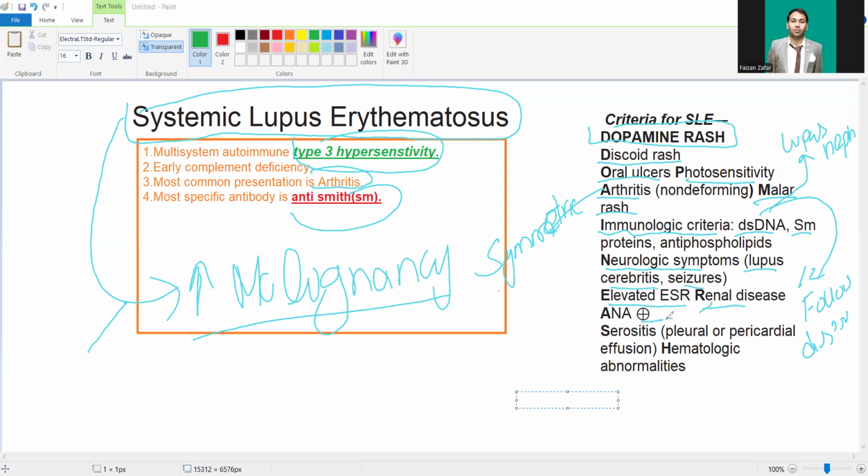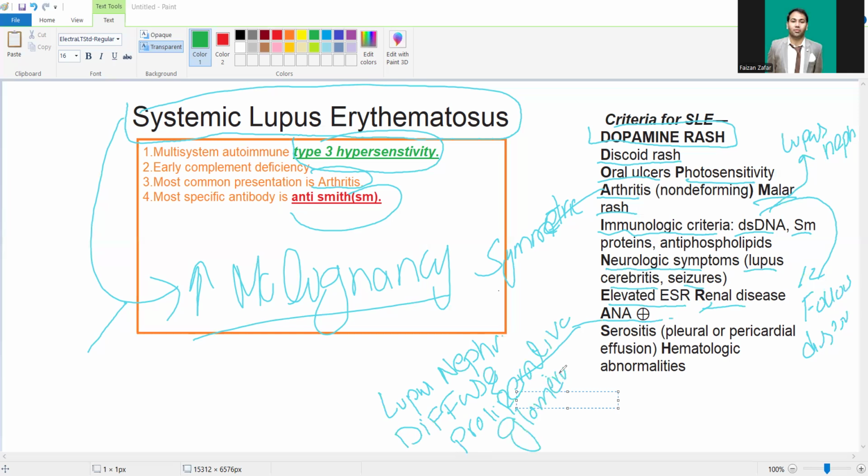When we're talking about renal disease, that is lupus nephritis, and lupus nephritis here means diffuse proliferative glomerulonephritis.